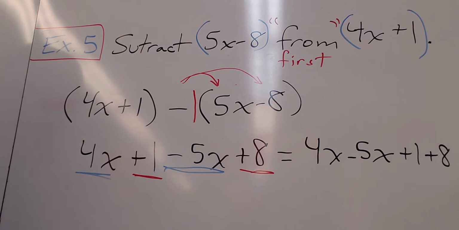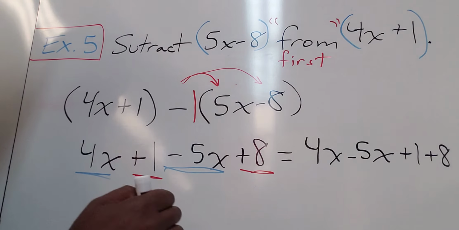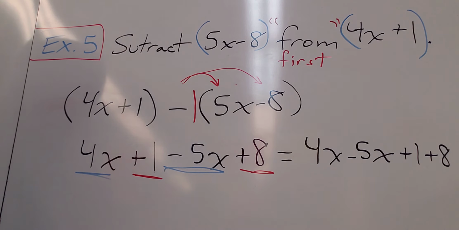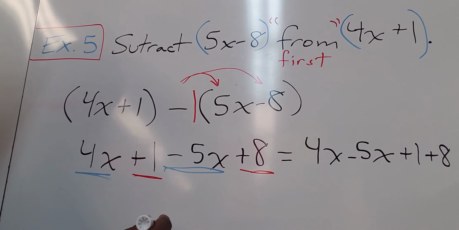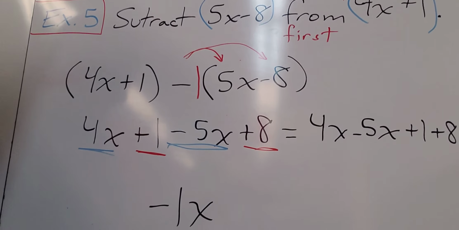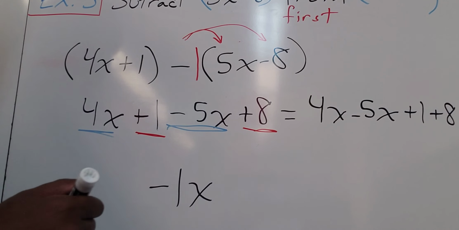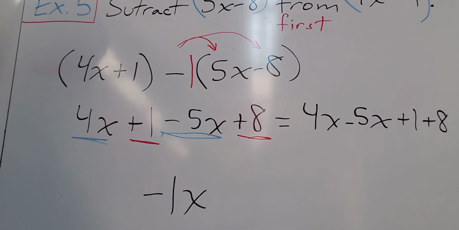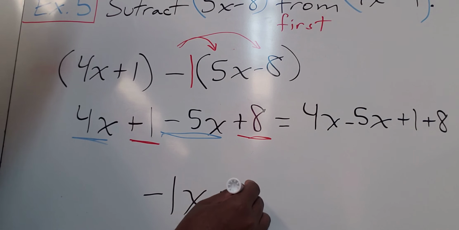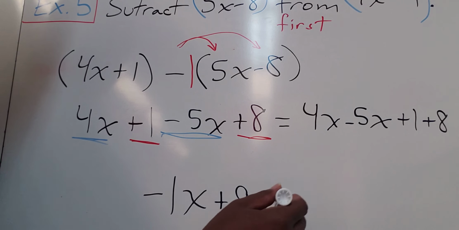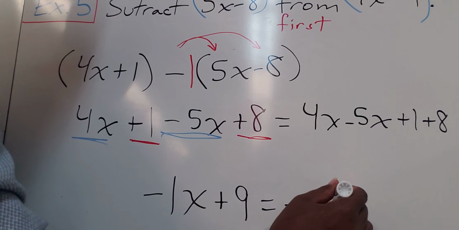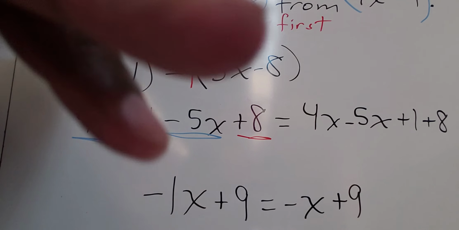When we combine our like terms, 4x minus 5x, remember you're combining just the coefficients. 4 minus 5 is a negative 1x, and of course, we could just write that as negative x if you wanted. And the plus 1 plus 8 gives us plus 9. So we wind up with negative 1x plus 9, or we could just say negative x plus 9.